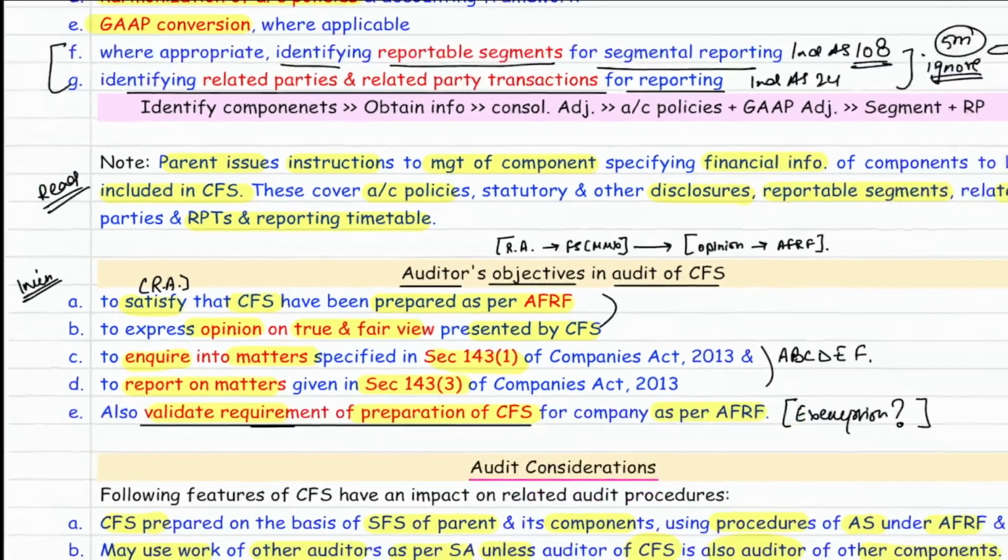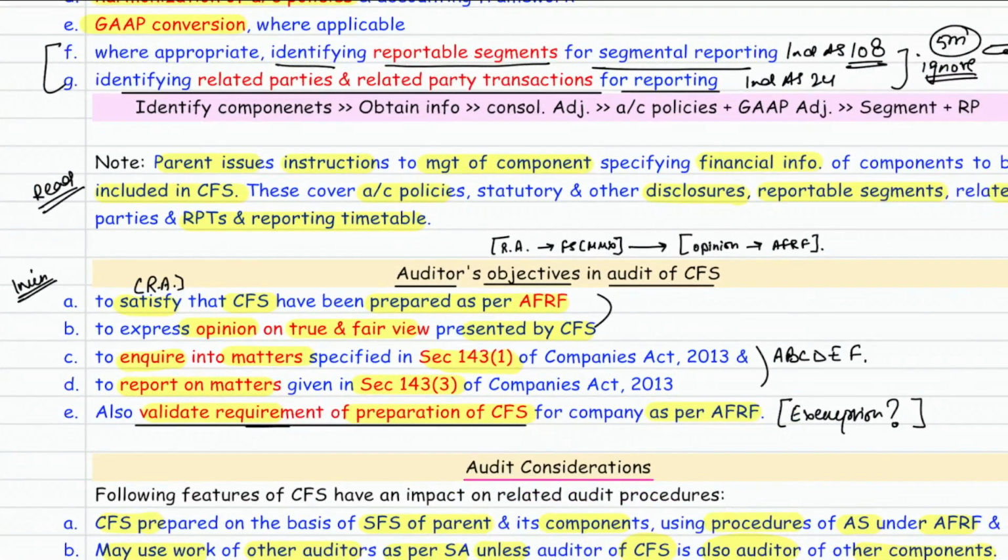Okay, sir. Now, to do this, you need to do 2 company law sections: 143(1) and 143(3). 143(1) requires you to inquire about certain matters: loans and advances, book entries, sale of shares and securities at less than the cost, deposits, personal expenses, and shares issued for cash. Okay.